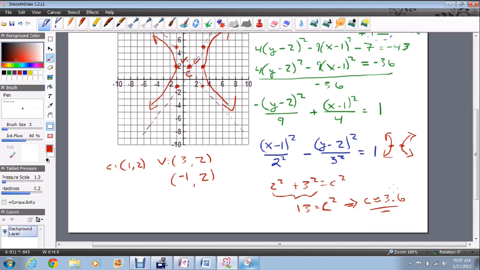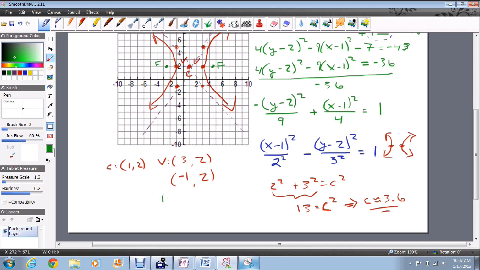So I want to go 3.6 from the center. A lot of people go from the vertices, but we always go from the center. So our focus points are going to be 1 plus or minus 3.6, and 2. So we just kind of make an approximation. Again, make your best guess.